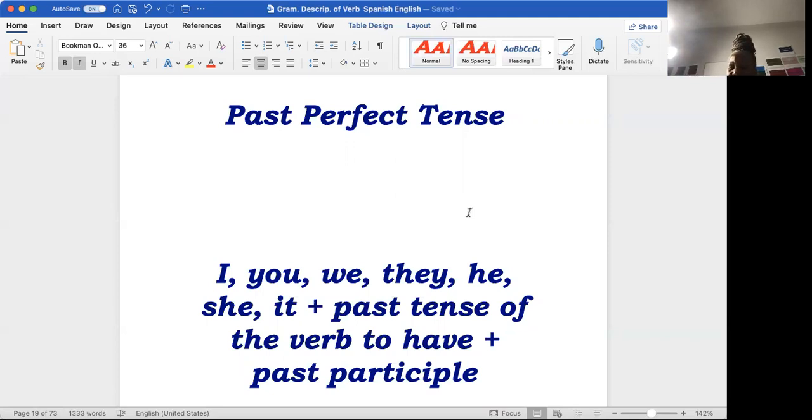I want to say eaten for whatever reason, but I can't because it's irregular. It doesn't end in ed. So it's I, you, we, they, he, she, it, plus the past tense of the verb to have, which is had, plus the past participle of the main verb. Because remember, have is not the main verb. Have is just the auxiliary, the helper verb.